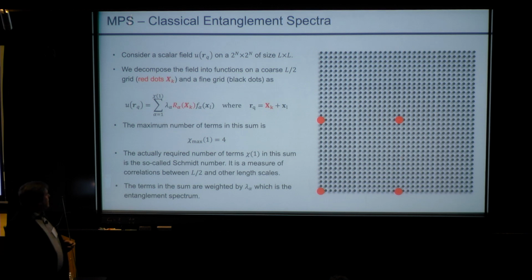And then I take the fluid field U of R, Q, and write this in a Schmidt decomposition as a function on just these 4 red dots times functions on all the other dots. If you do a Schmidt decomposition of the flow field, then in this first step you can get a maximum Schmidt number of 4, and you will have 4 functions here that represent the longest length scale of your fluid flow.